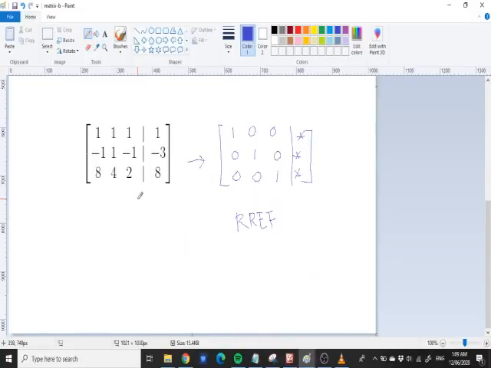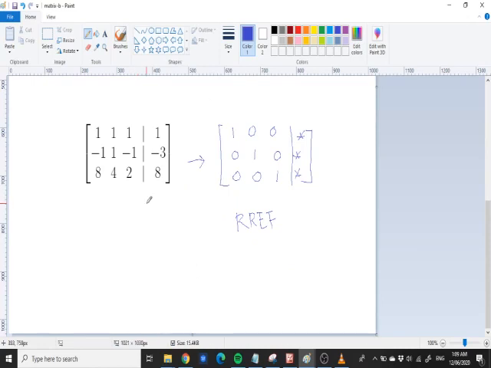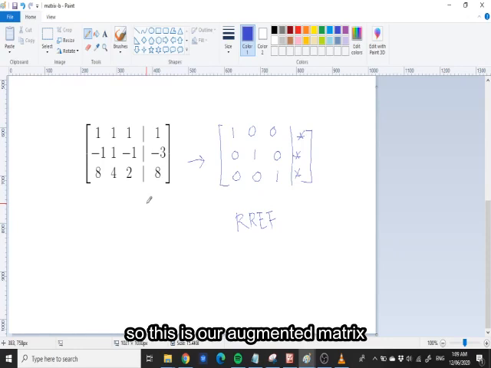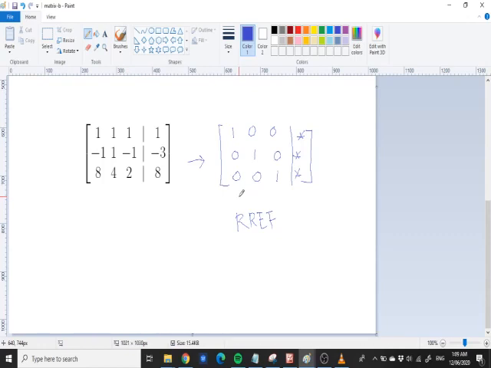What do you want to achieve here? So this is our augmented matrix. What we want to do is transform it into the form where the left side is the identity matrix. So it becomes 1, 0, 0, 0, 1, 0, 0, 0, 1.